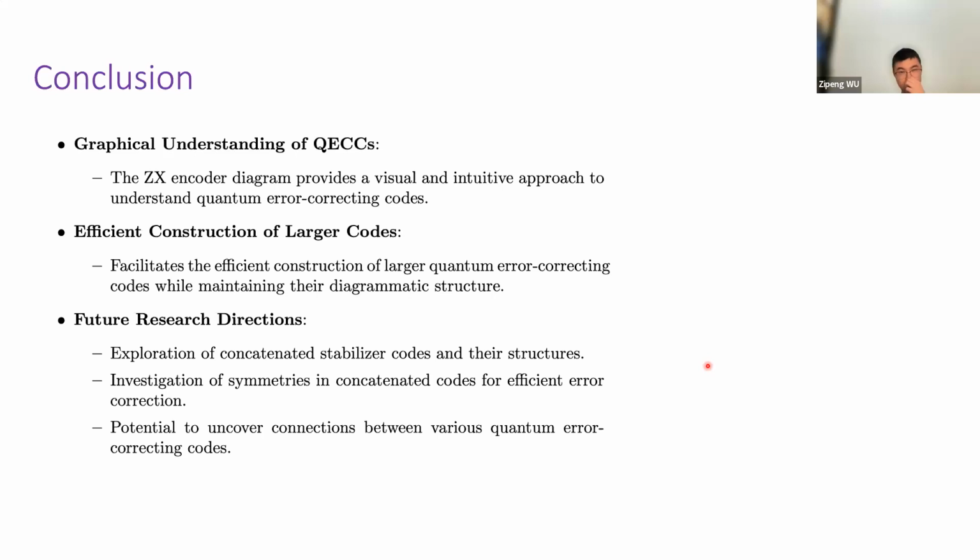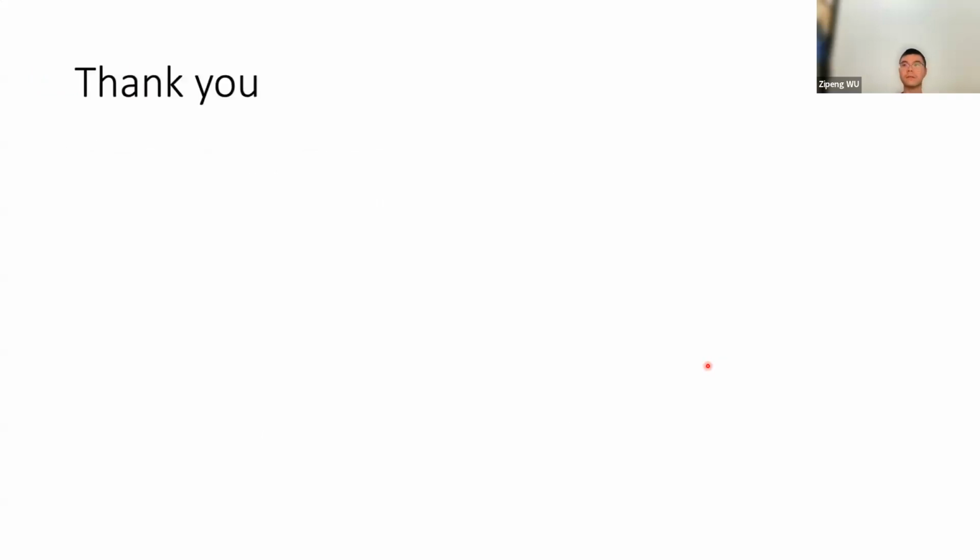Some symmetry-preserving operations might be preferred when we perform this simplification for some codes. So this approach may bring up some connections between different quantum error correcting codes. So that is my talk, and thank you for your time.